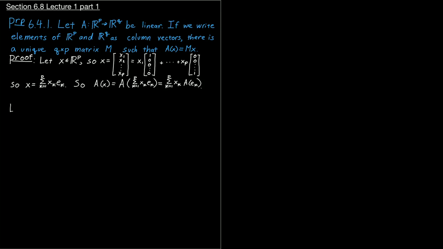And now let's give A of X a name. Let Y equal A of X. Y is an element of R^Q. So Y, we can also write as a column vector, Y1 through YQ. And now, how do we pick out one of the Yj's?